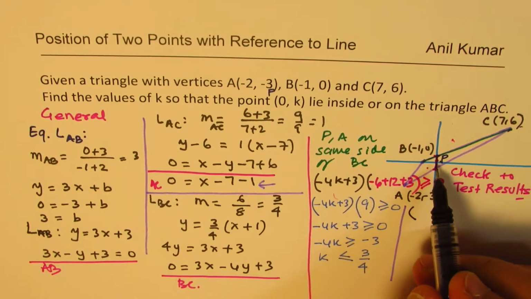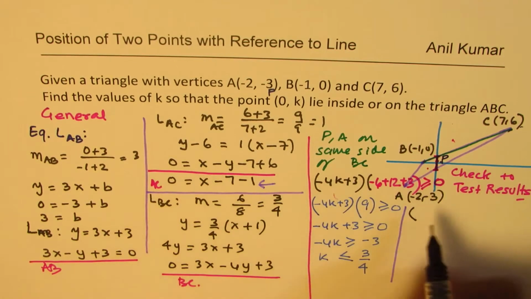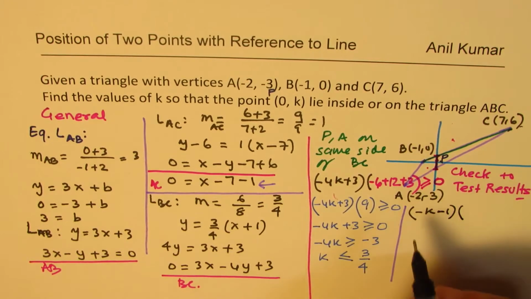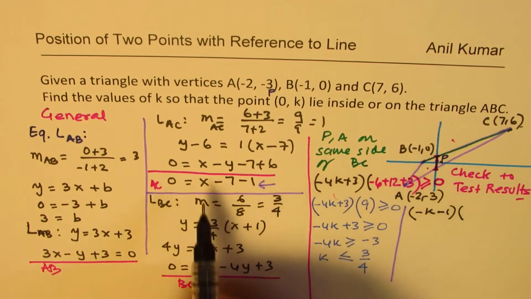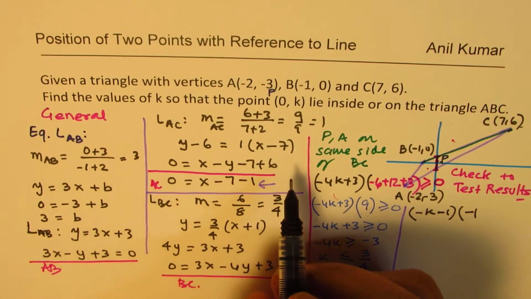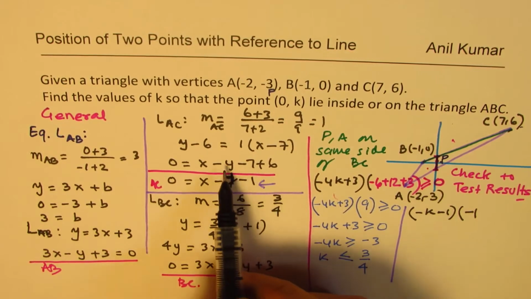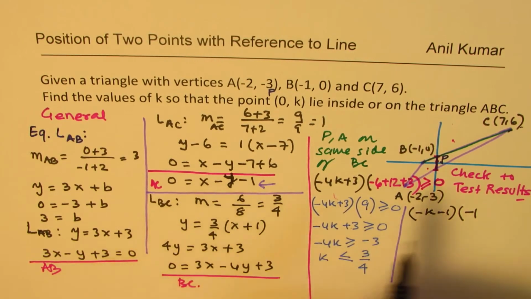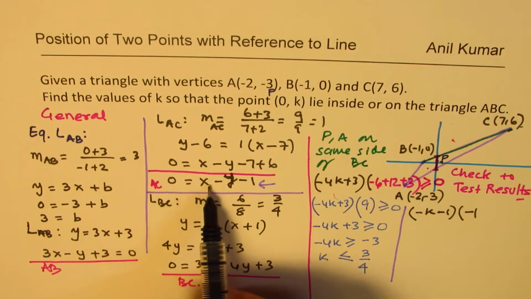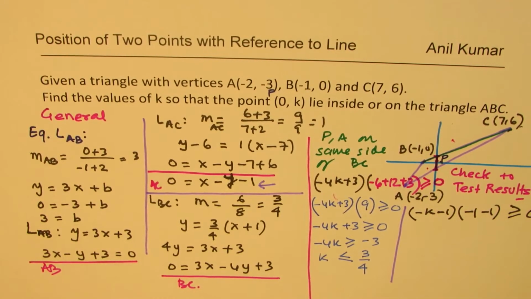If I substitute P in my equation, which is (0, k), this is 0, that is minus k minus 1 times, now if I substitute minus 1 and 0, so I get minus 1, right? Sorry, this is y, correct? Yeah, this is minus y minus 1, okay, that's correct. So, if I substitute minus 1, 0, we get minus 1, minus 1. That should be greater than or equal to 0, correct?